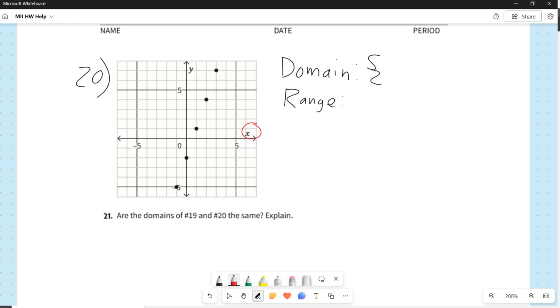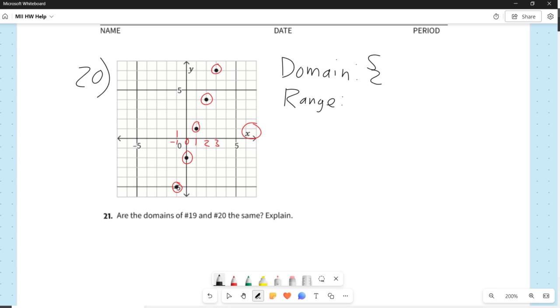So our lowest x value is here, and that appears to be -1. And then it includes this guy, which is 0, this guy, which is 1, this guy, which is 2, and this guy, which is 3. So for our domain, we are just going to list each one of these elements that's going to comprise this set that is our domain.